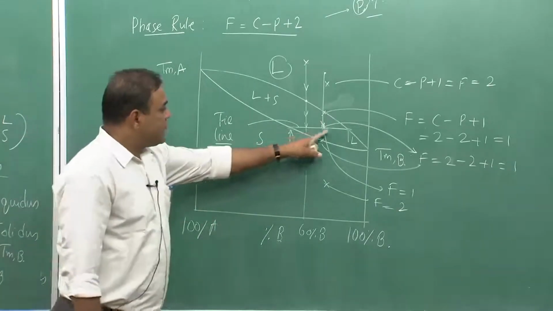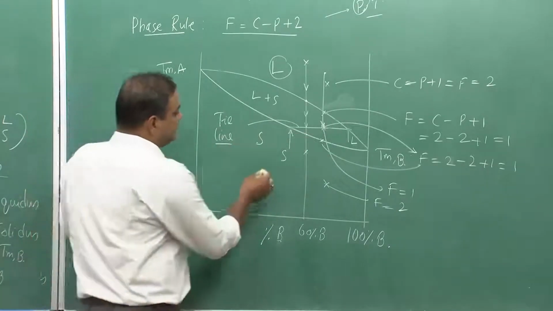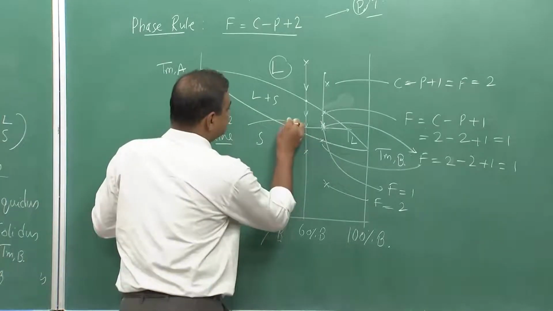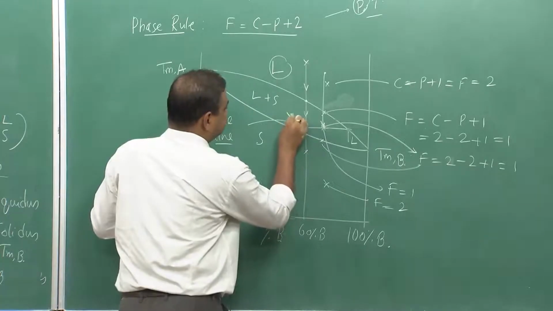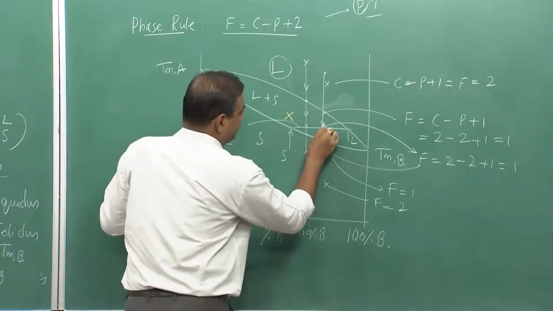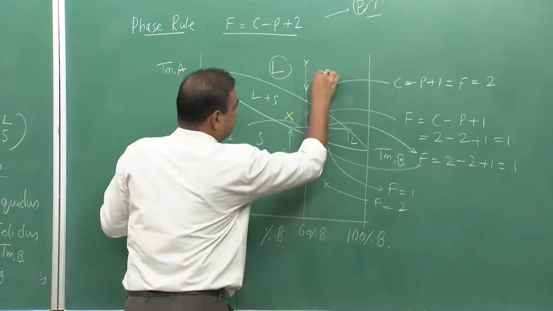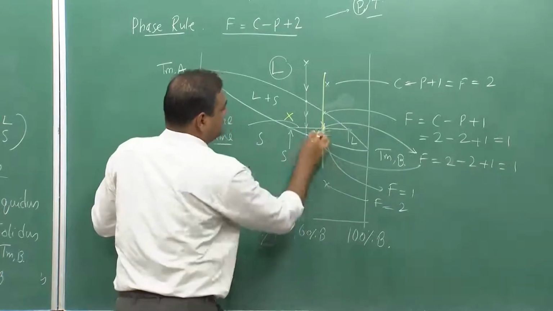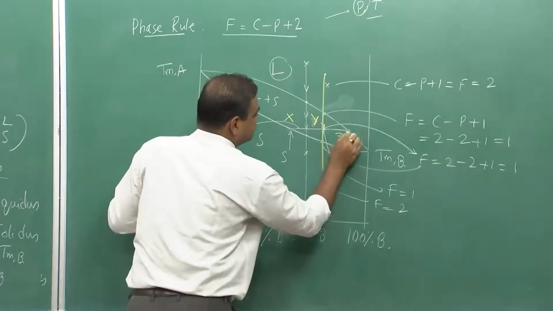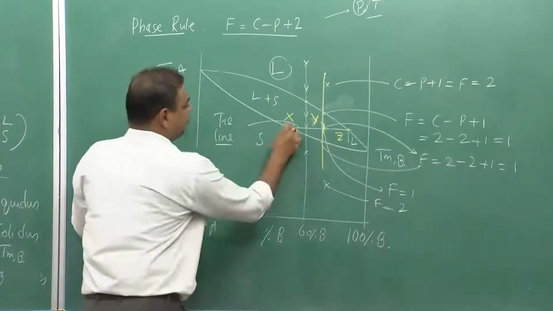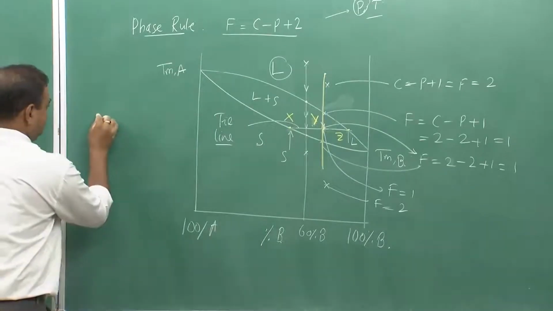But according to the tie line, if I indicate those points, let us say this point I am indicating by x, and this point is y, and this is let us say z point. So, now I have a situation like this.